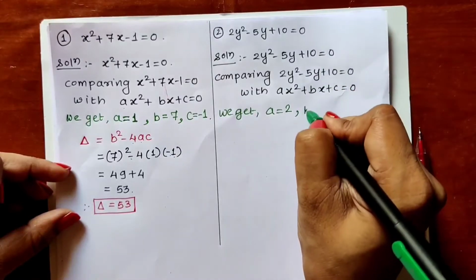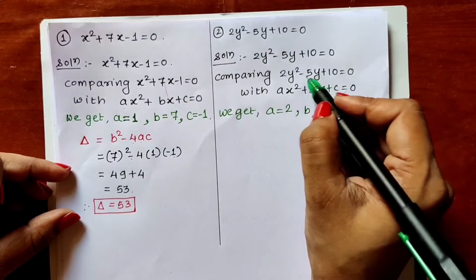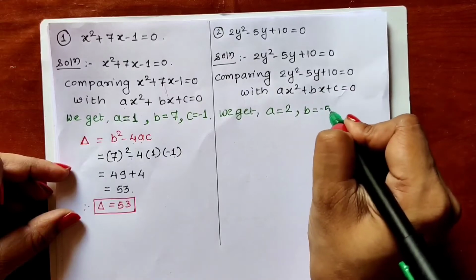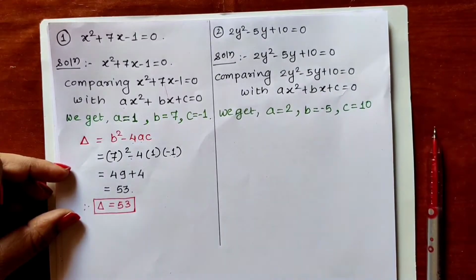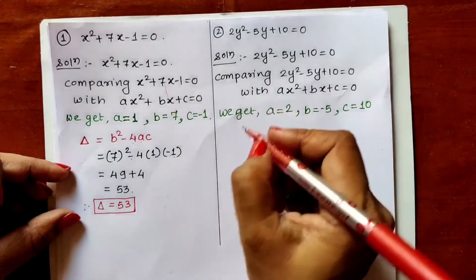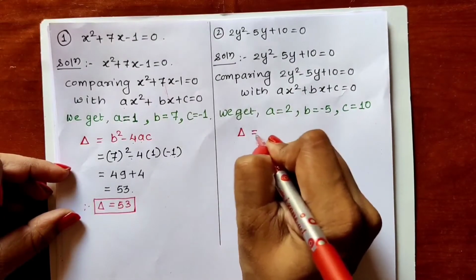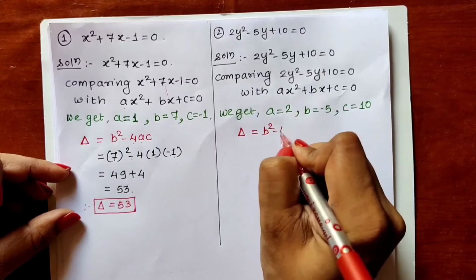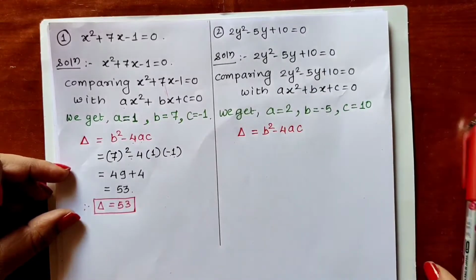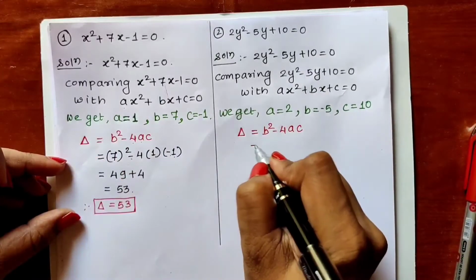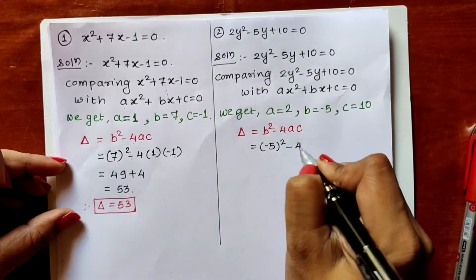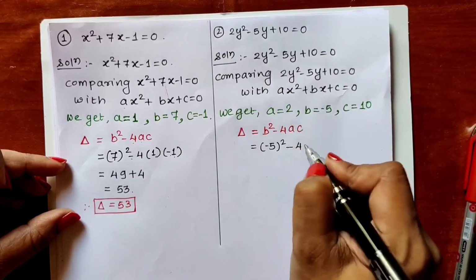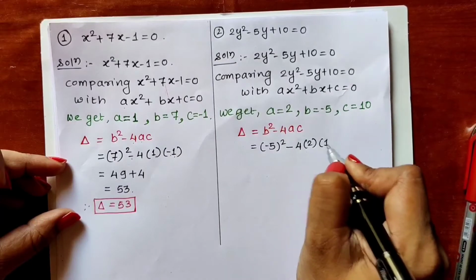B is the coefficient of y, which is minus 5, and C is equal to plus 10. After getting the values of A, B, C, write the formula for discriminant. Delta is equal to B square minus 4AC. Write the values. B square means minus 5 whole square minus 4 into A into C. A is 2 and C is 10.